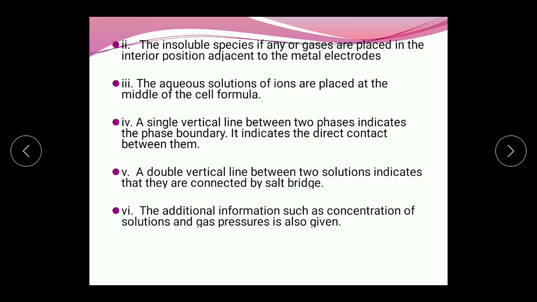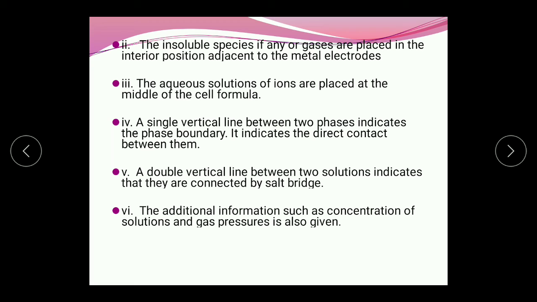Next point. The additional information such as concentration of solution and gas pressures is also given. Suppose we have taken a gas as the anode or cathode, then its pressure must be mentioned. And in case of solutions, the concentration.